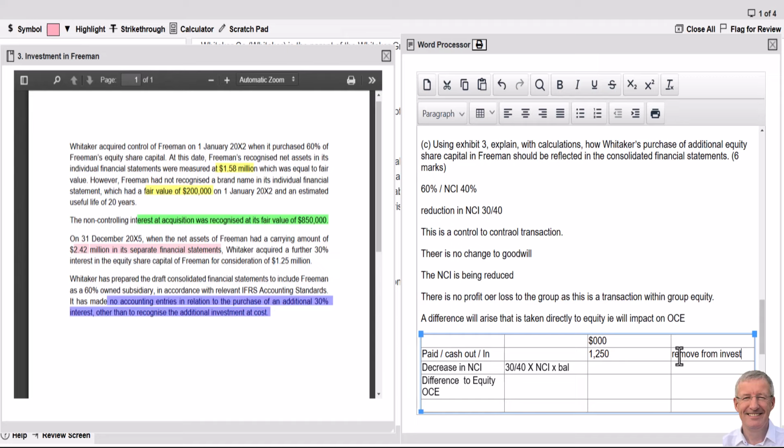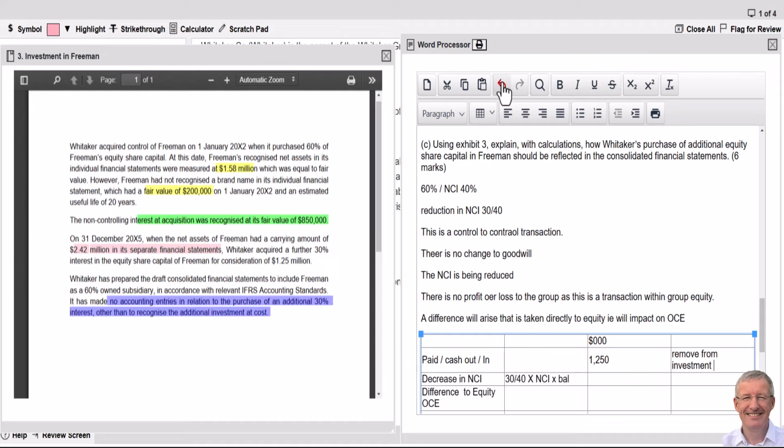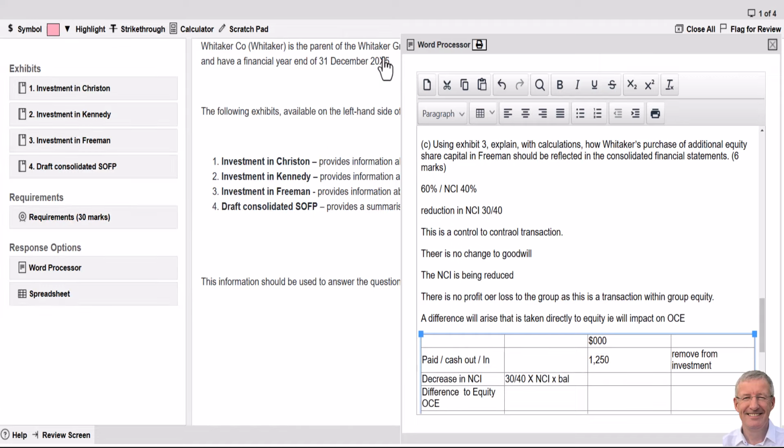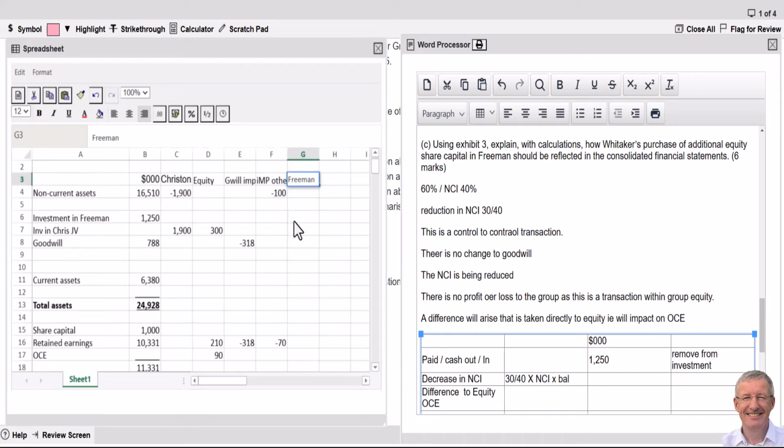I'm going to go into my spreadsheet, and I'm going to make an adjustment that I remove that investment, because that investment doesn't exist as a group asset. It's an internal transaction. So I've got to remove that 1,250.